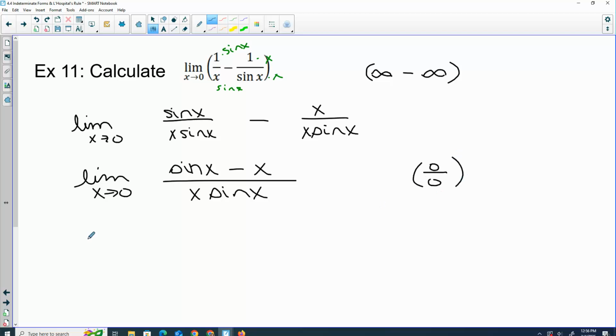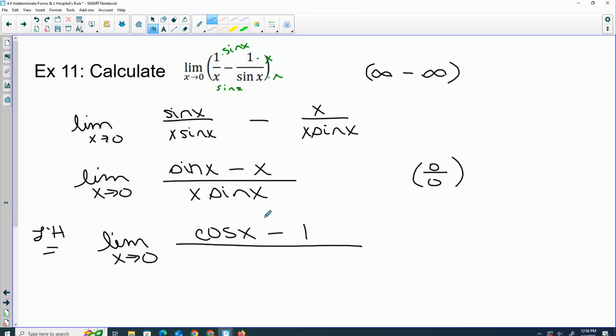So 0 over 0 tells me, alright, derivative of sine is cosine, minus derivative of x. What do we have to do on the bottom? Product rule. Derivative of the first times the second plus the first times the derivative of the second. Derivative of sine is cosine.